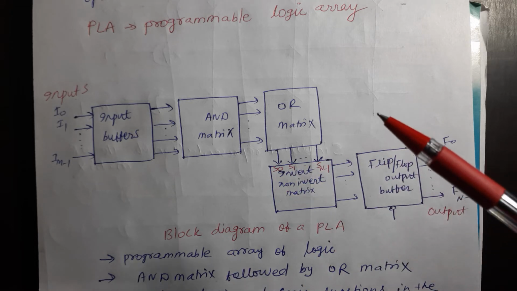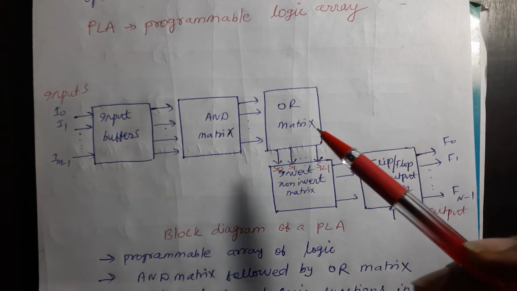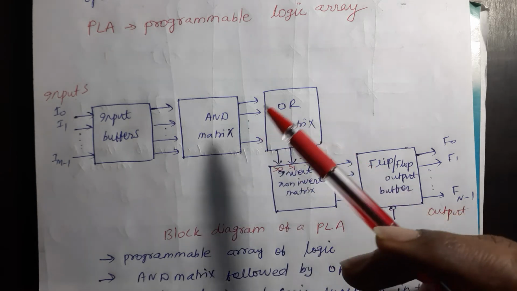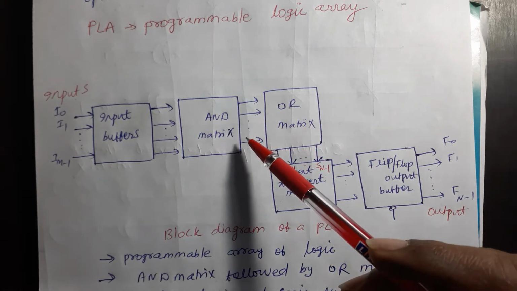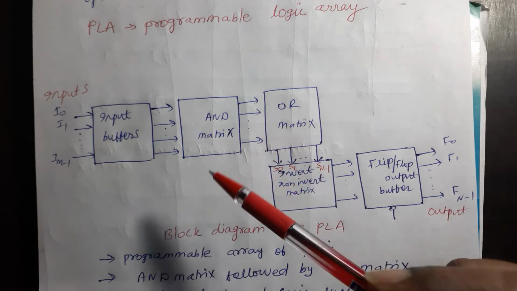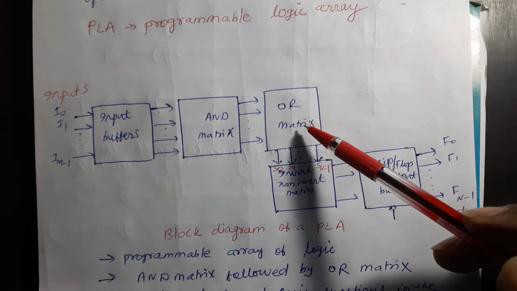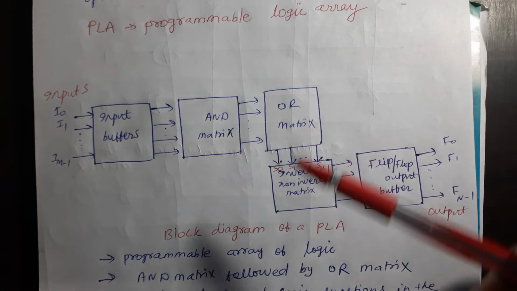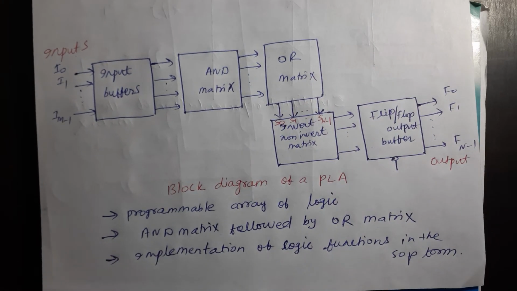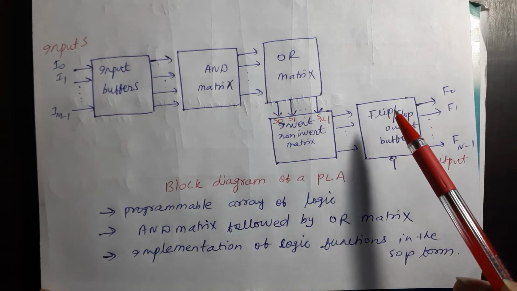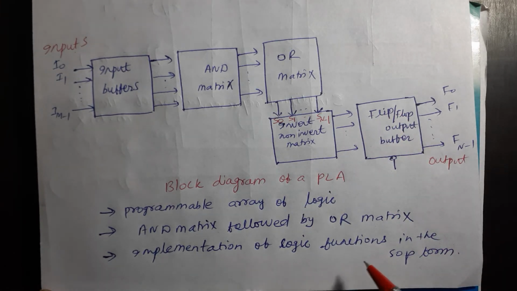From the block diagram it is clear that the output of AND matrix will be product terms, and the output of OR matrix will be summation of product terms. So it can be said that with the help of PLA there is an implementation of logic functions in SOP form.